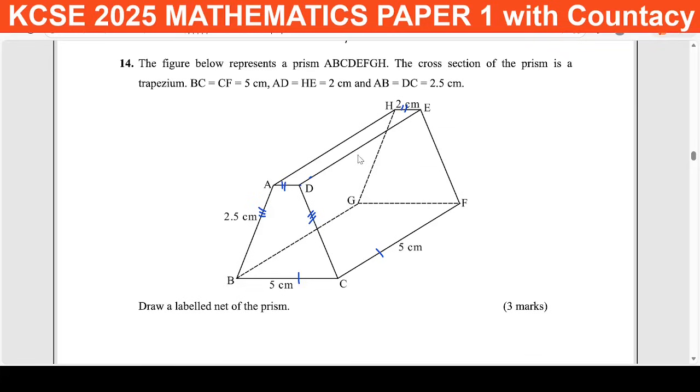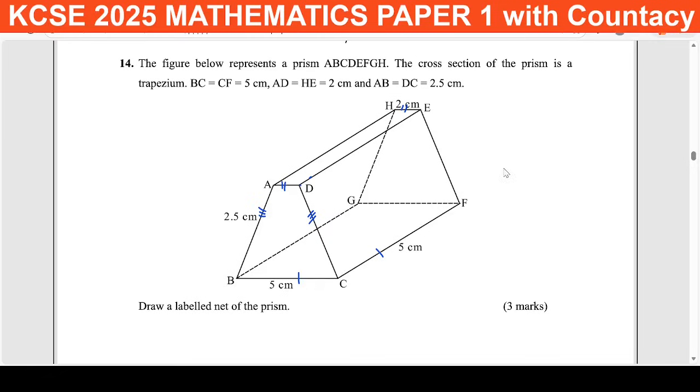And actually, that is how you visualize these shapes, such that you are going to cut across those lines like that and remain with this base. You remember that we've been told that this one is 5 centimeters and this one is 5 centimeters.